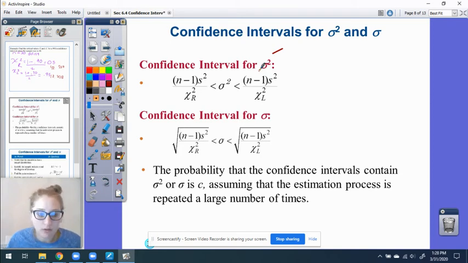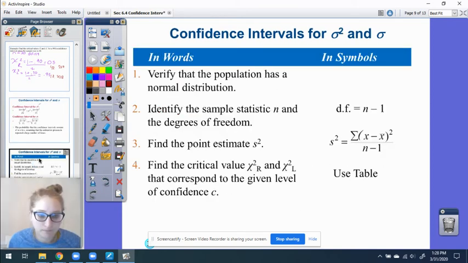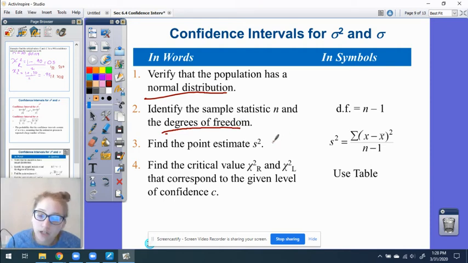Okay, so let's run through the steps that we need. So first, you always need to make sure that your population has a normal distribution. Then you're going to figure out your degrees of freedom using this formula here. Find your variance. Sometimes if they give you data, you're actually going to have to type this into the list feature of your calculator and calculate it.